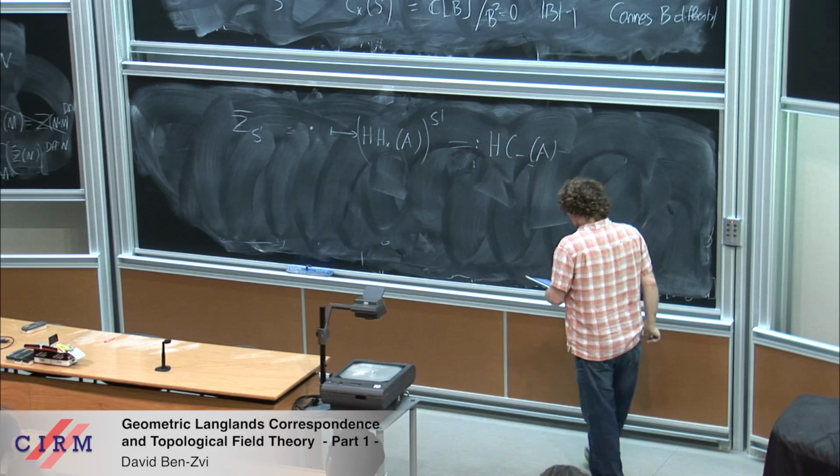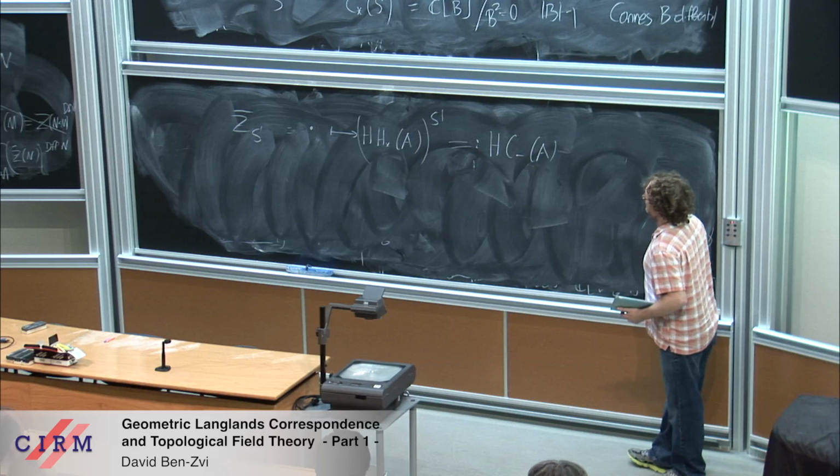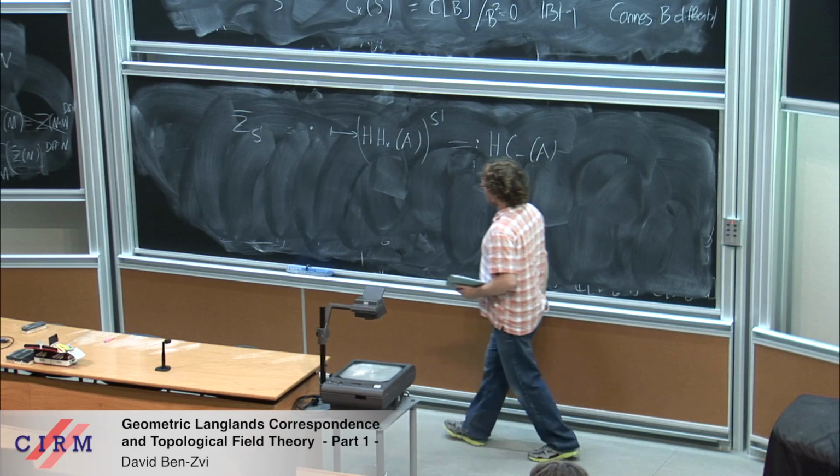So now this is what we are going to attach. The dimensionally reduced theory attaches the negative cyclic homology. Now, what does that look like?